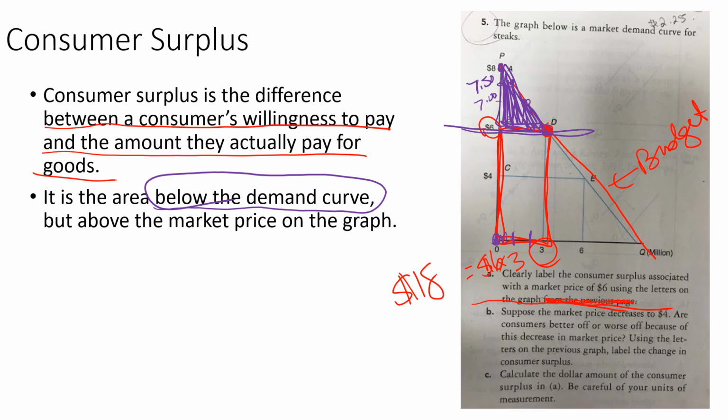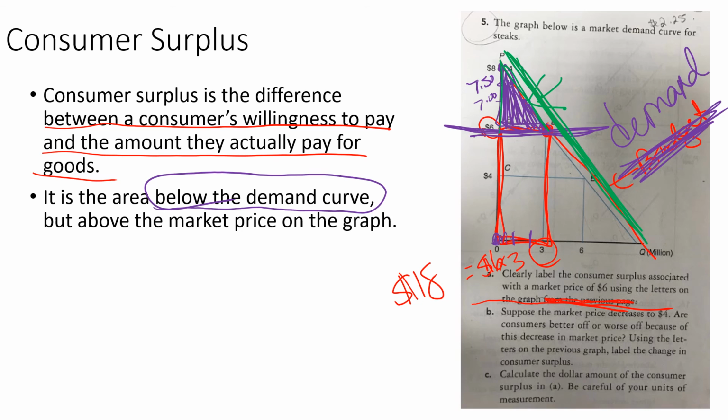So our market price is $6. I'm sorry, this was the demand curve, not the budget. So, and below the demand curve is this purple triangle right here. So how do we find the area of that? Well, I gotta probably erase some of this.